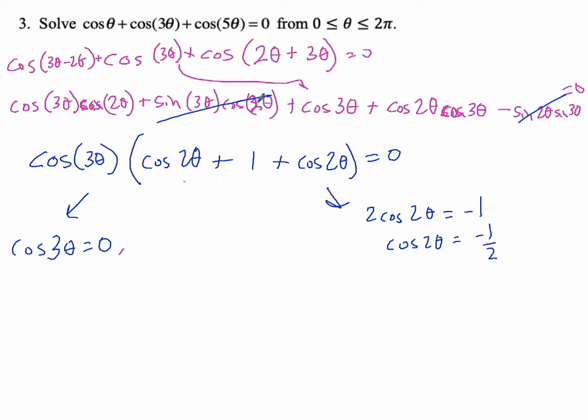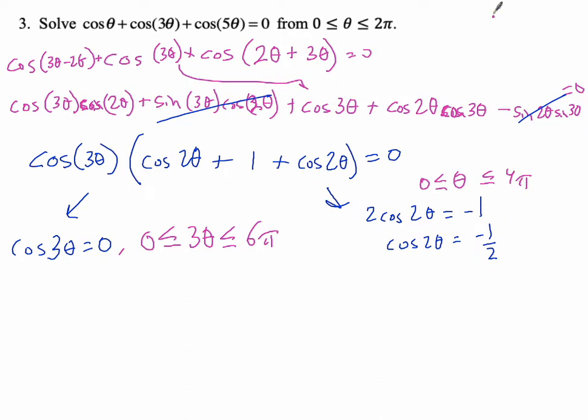They're going to have two different ranges. So this is 3 theta, so we have to change the range for 3 theta. That's going to be up to 6 pi. And for this one here, we've got 2 theta, so we need to look at all the answers up to 4 pi.